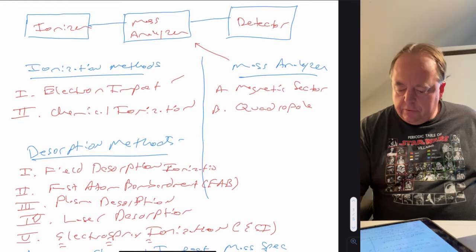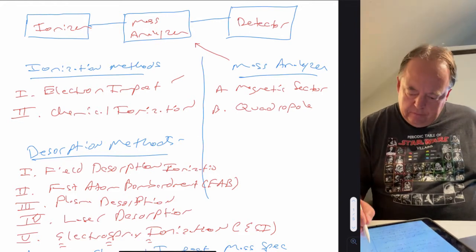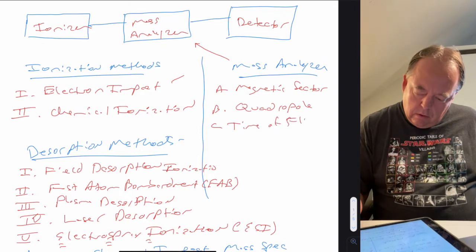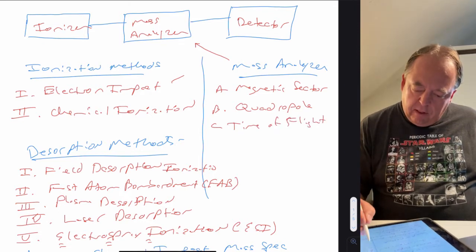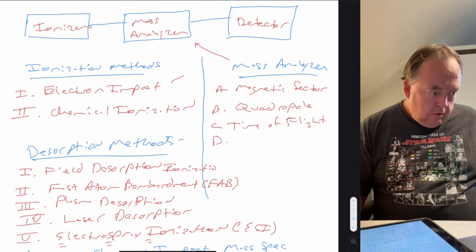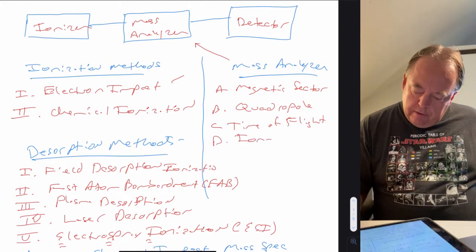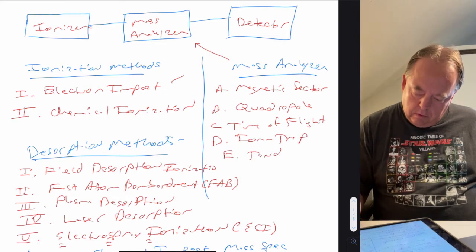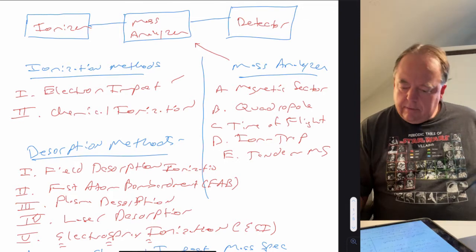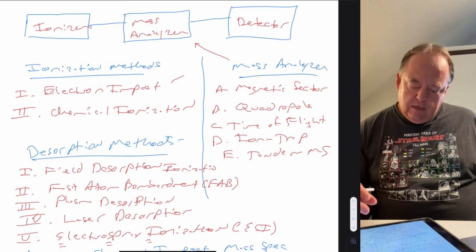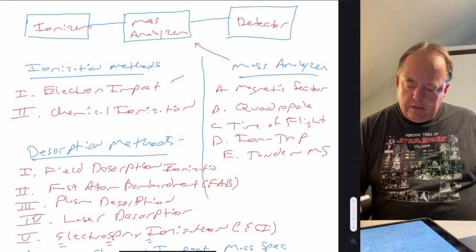The ESI that we have has a quadrupole on it. You can have a time of flight mass analyzer, ion trap, tandem mass spec. So there are all kinds of different mass spectrometers that you can build depending on which components you have.